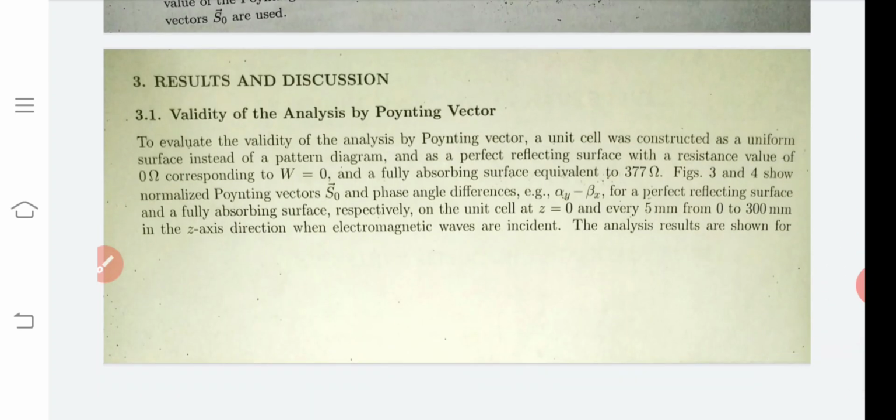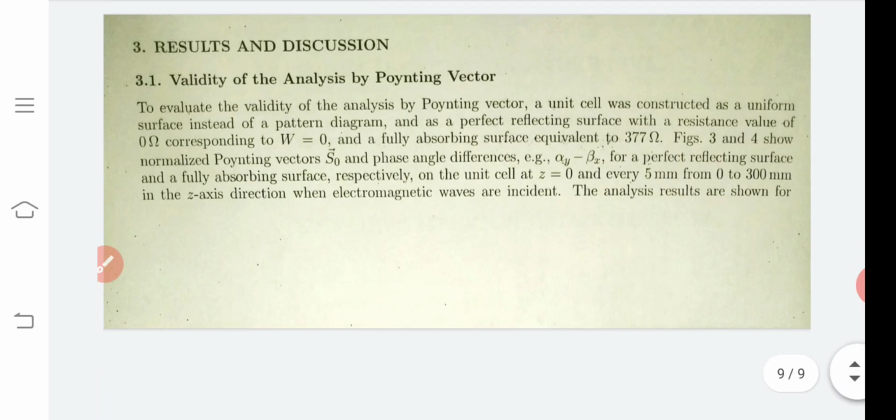Results and discussion: validity of the analysis by the Poynting vector. To evaluate the validity of the analysis by the Poynting vector, a unit cell was constructed as a uniform surface instead of a pattern diagram, as a perfect reflecting surface with a resistance value of 0 ohm, and a fully absorbing surface equivalent to 377 ohm.